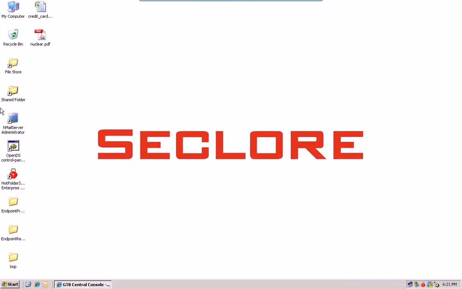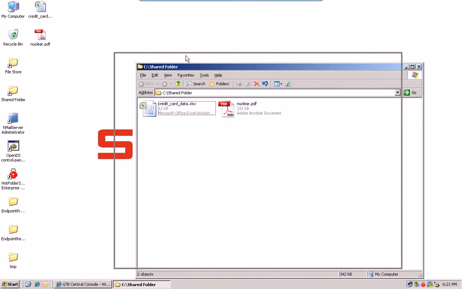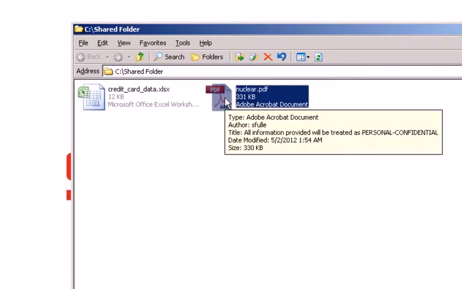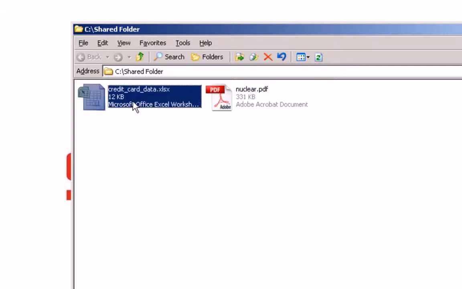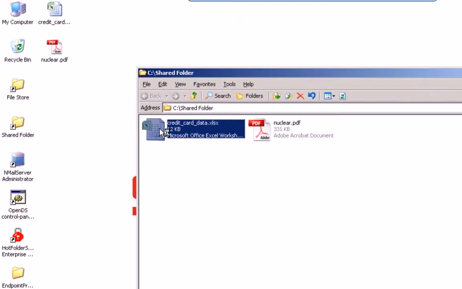Now let's have a look at the documents that we have. Over here, as you can see, there are two documents. One is the credit card data and the other is the nuclear document data. Let's have a look at what each one of these documents contains.